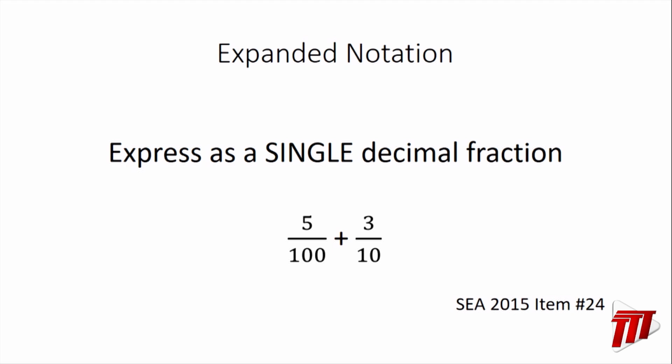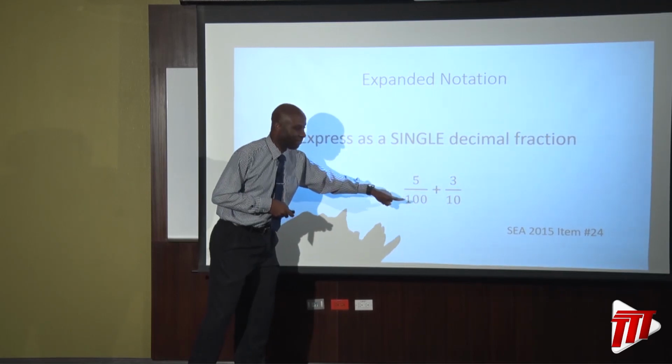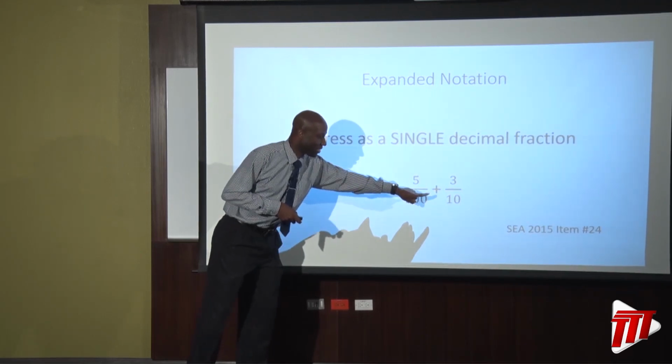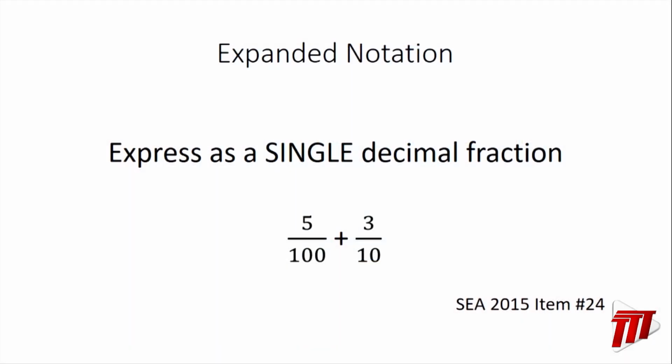You will observe that the 5/100ths is presented first and the 3/10ths second, but that does not change anything. Don't let that confuse you. Addition is commutative, so the order in which we add really does not affect the outcome of the addition.